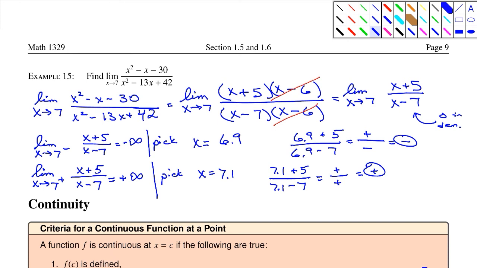Well, since they are different infinities, therefore we get the limit as x goes to 7, x squared minus x minus 30 over x squared minus 13x plus 42 does not exist.